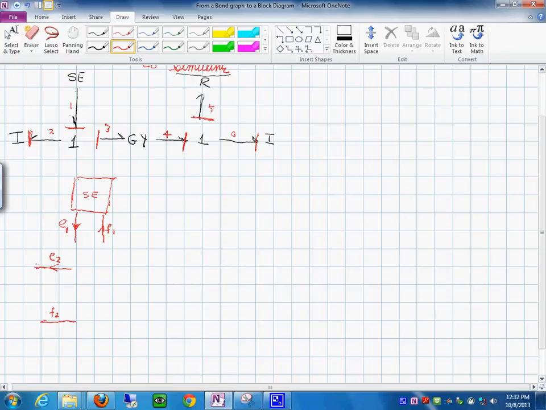You go in here and you have a block that integrates it once, 1 over S if we use the SIMULINK notation, and then out of this we get a gain that gets multiplied by 1 over I, like that.